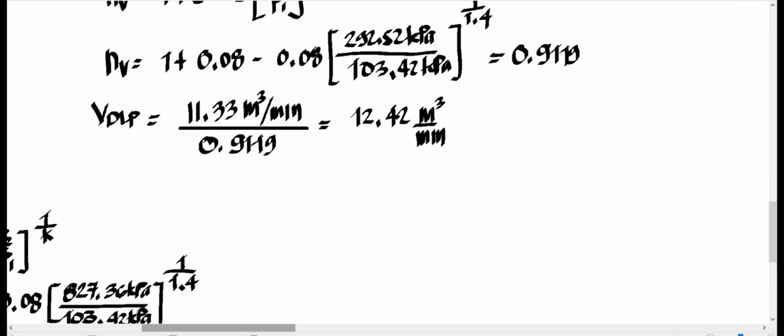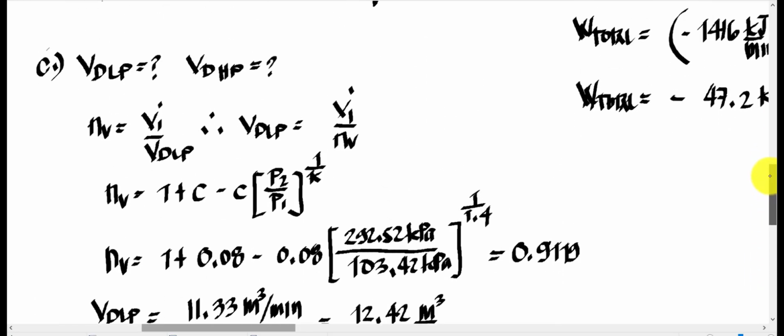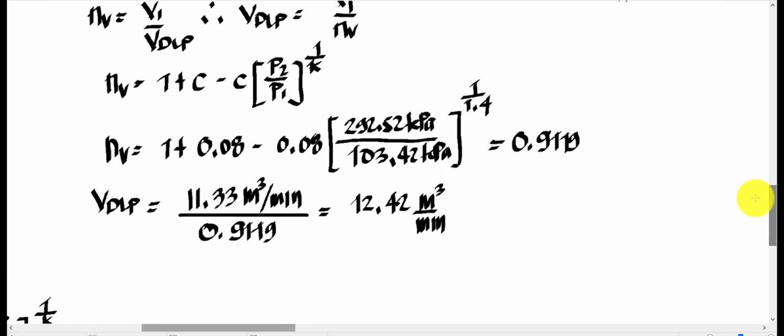Now, solving the mass flow rate. Since in the second compressor it does not state what the clearance of the second stage compressor is, we can solve the volume displaced at high pressure by means of the equation.